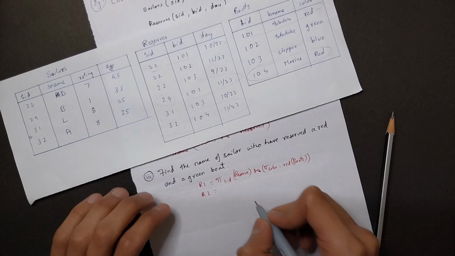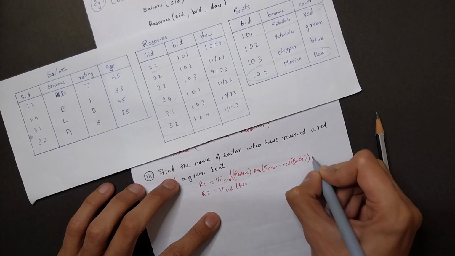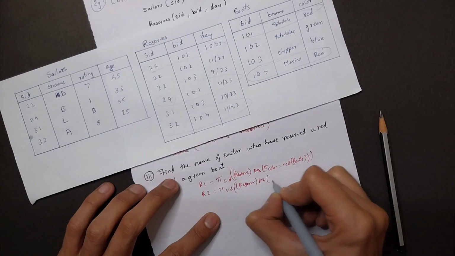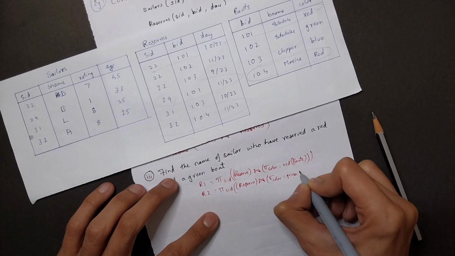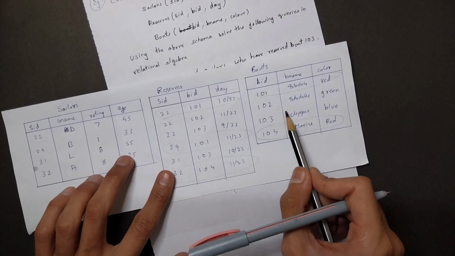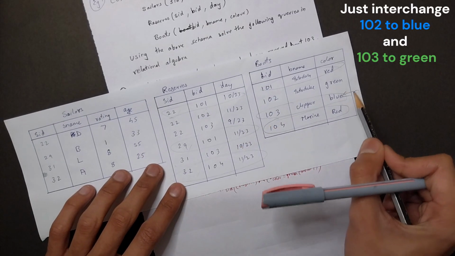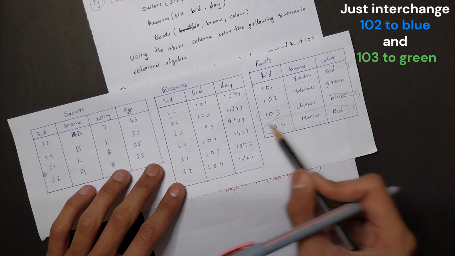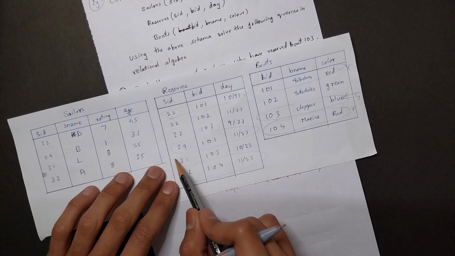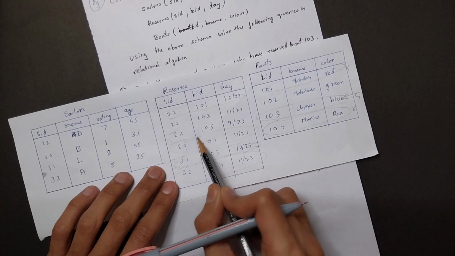Now do the same thing for the green boat, that is SID reserve. So I selected the green boat. Now I get only the green, and this is green, right? This is red. From this I get the green boat, that is 103. Only for 103, so I'll do this shading, because this is green, this is also green.